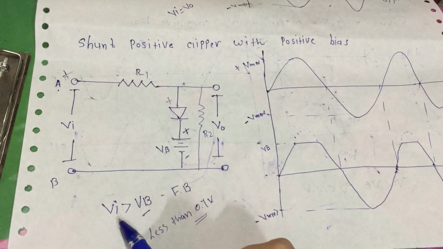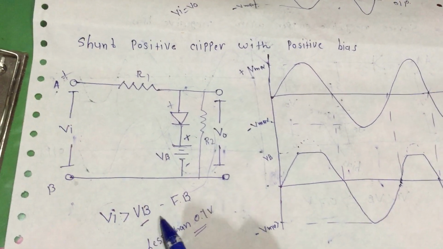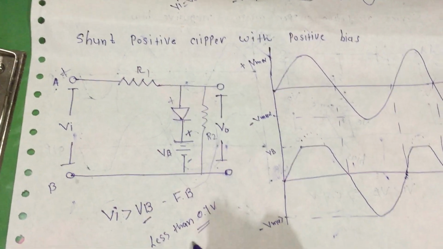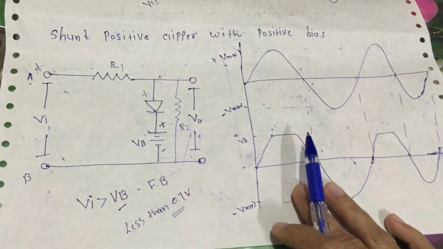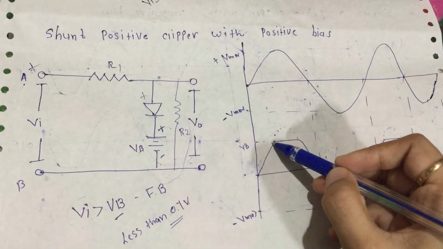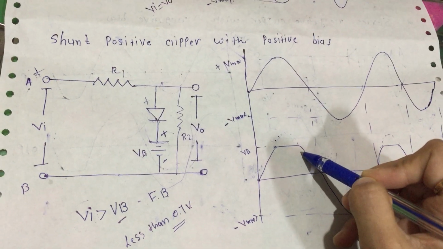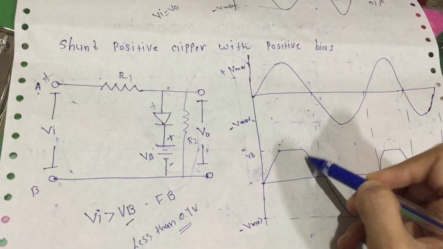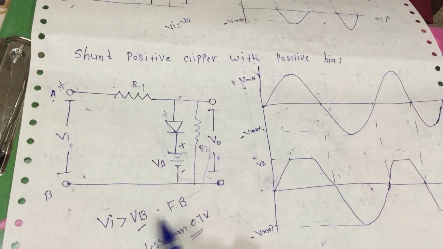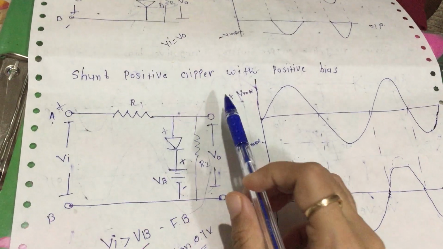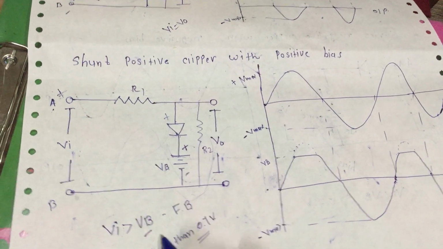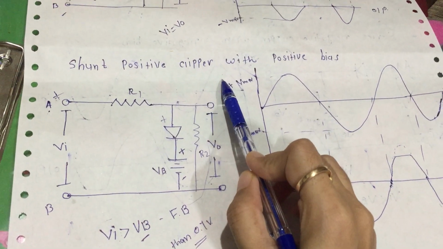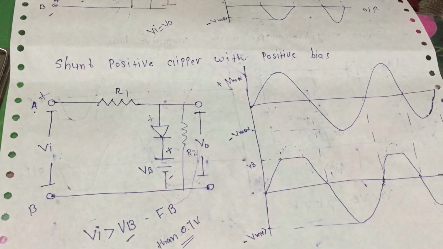Okay, so Vi is greater than Vb, which is less than 0.7. Okay, there is a difference in current also. That's why we are not getting 0.7 V maximum, because of the difference. You can remember here that Vi is greater than Vb in the shunt positive clipper with positive bias.